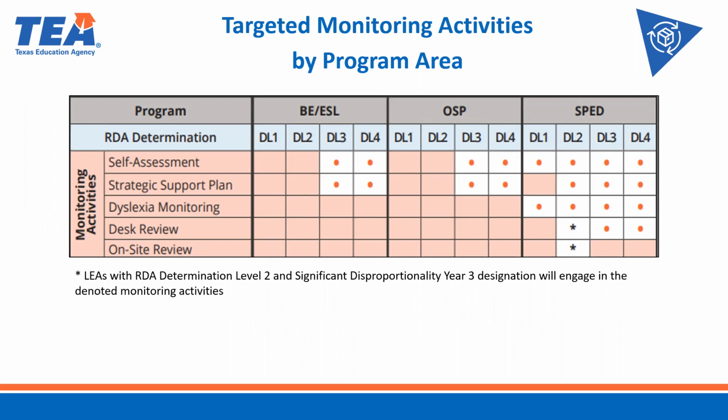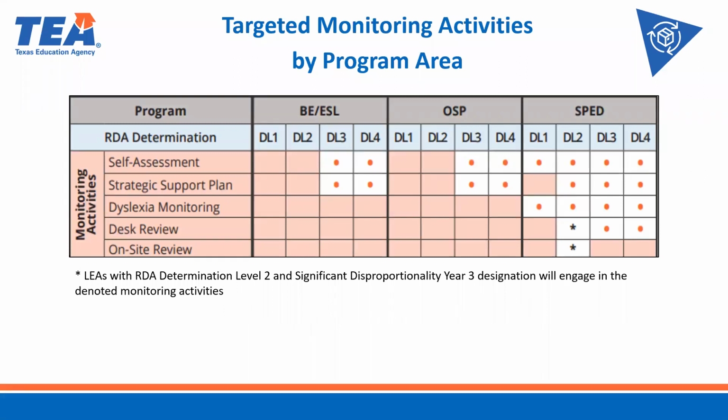The purpose of the targeted on-site review is to thoroughly examine multiple measures related to federal compliance and improving student outcomes. In preparation for an on-site review, the review and support team will conduct desk review activities previously described in collaboration with the LEA's leadership staff.